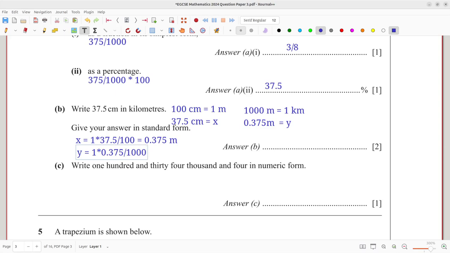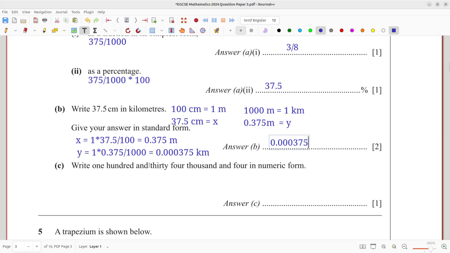So that's 1, 2, 3. And this is giving you 0.000375 kilometers. Just write the answer here, 0.000375. Next question.